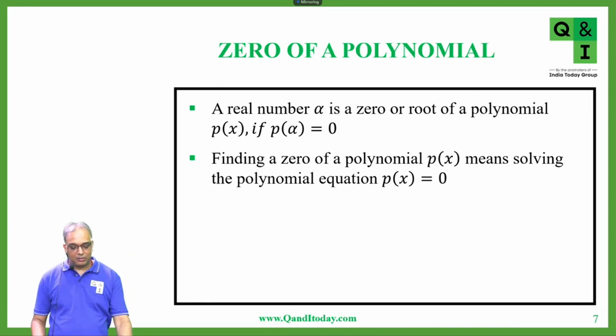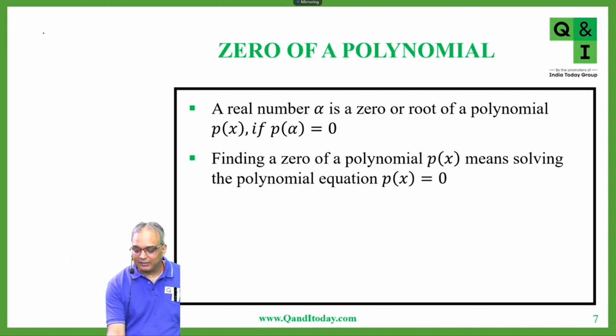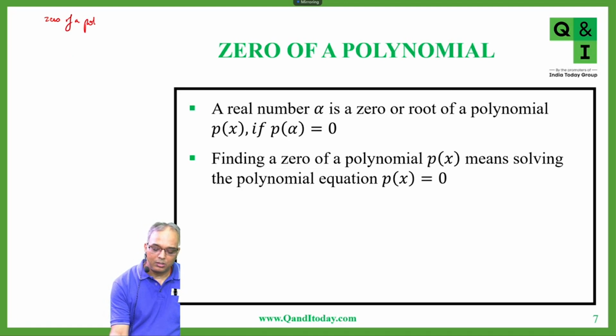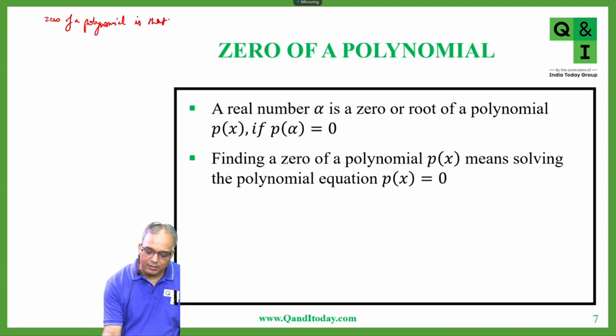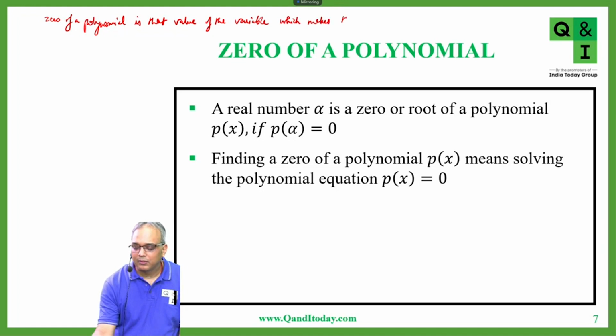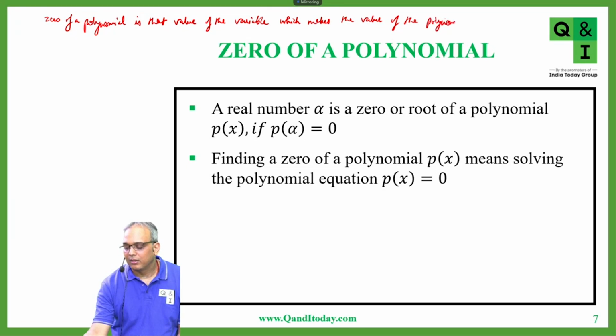Now, what does this mean? So you can write: zero of a polynomial is that value of the variable which makes the value of the polynomial equal to 0, right?